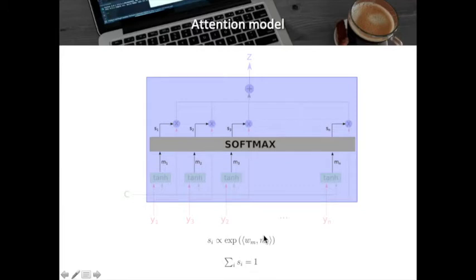Si is proportional to the exponent of the weights for m and mi. As I mentioned, the softmax sums up to 1, so the sum of all results Si needs to be 1.